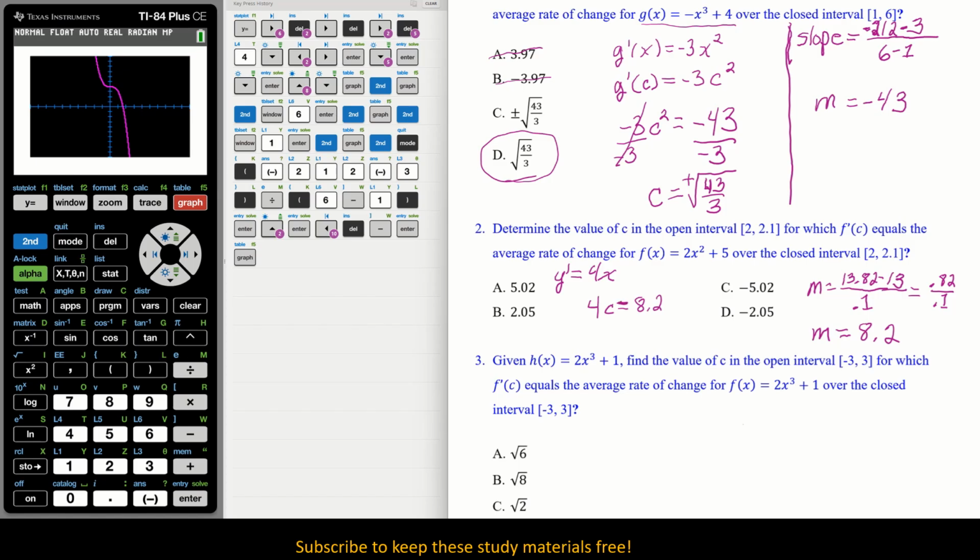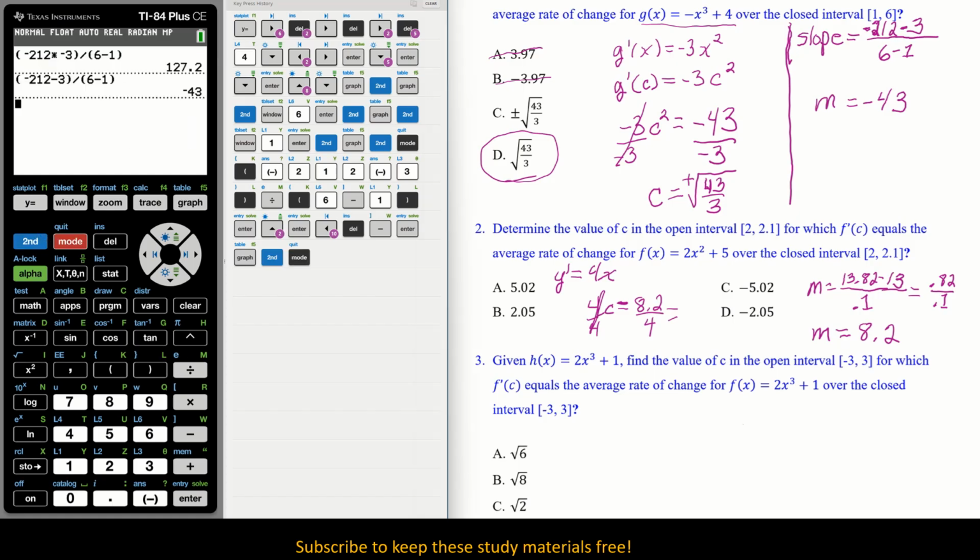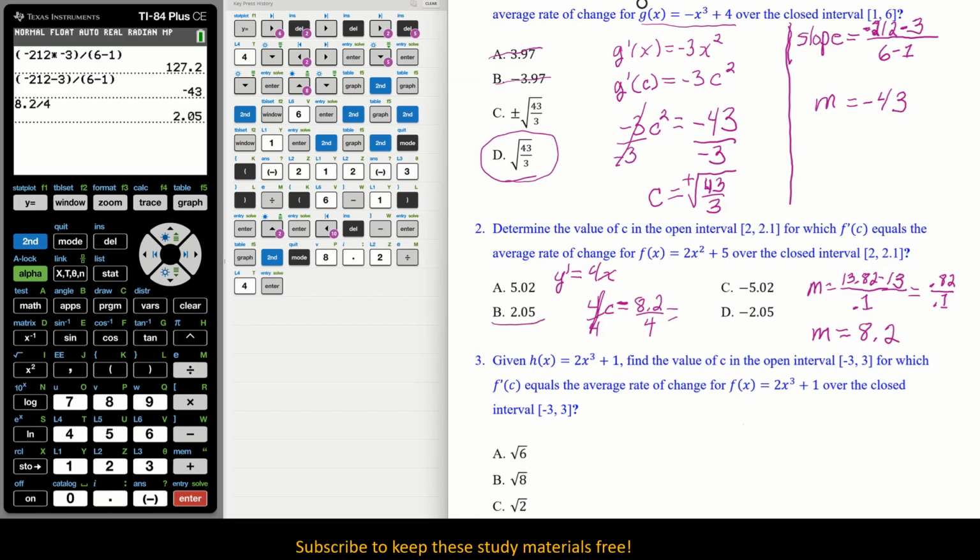Set it equal to the slope. Divide by 4 on both sides, okay? Cancel that out. What's going to happen? Well, let's just put that into our calculator real quick and we know what that is. All right. Second mode, and we have 8.2 divided by 4, and option B, 2.05.